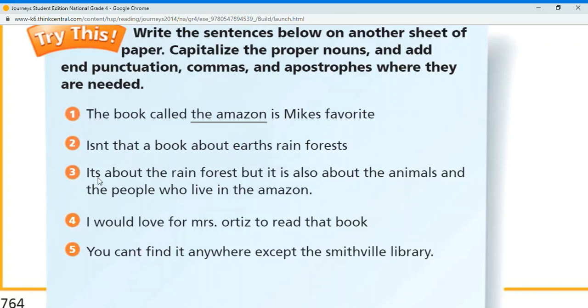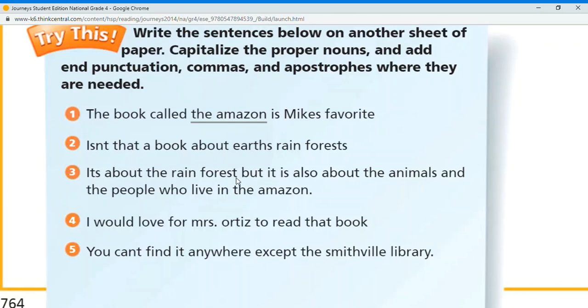The last one, it's about the rainforest but it is also about the animals and the people who live in the Amazon. Here, guys, we should have a contraction because it's means it is, so it's a contraction, so we must add an apostrophe.